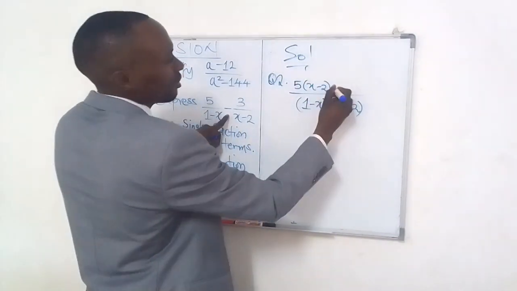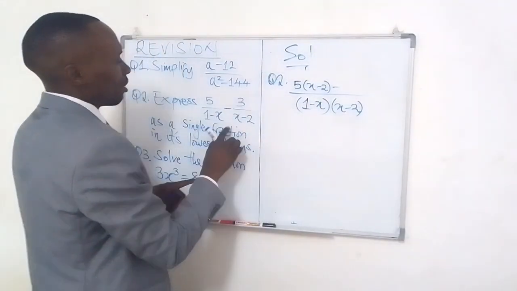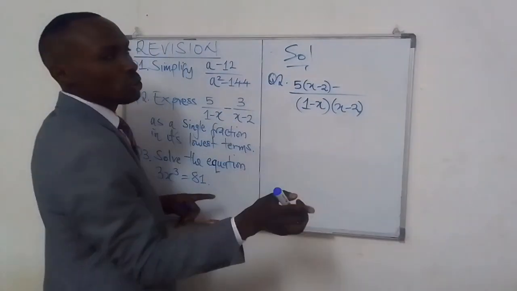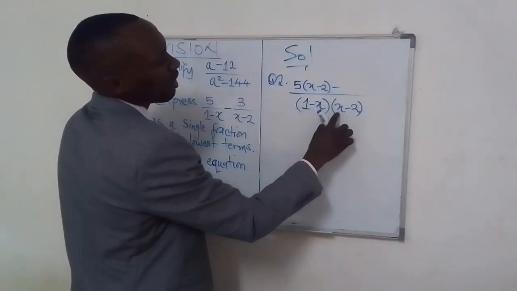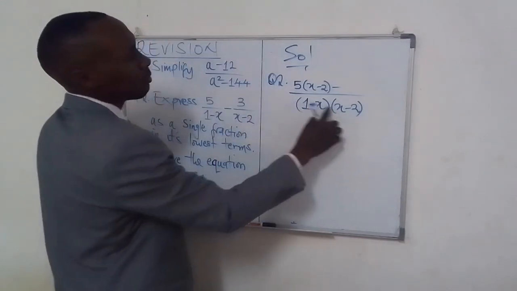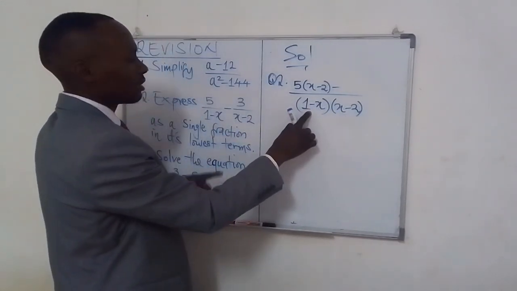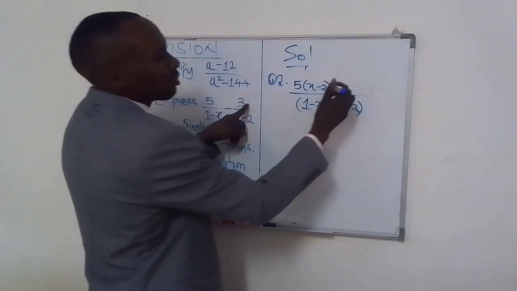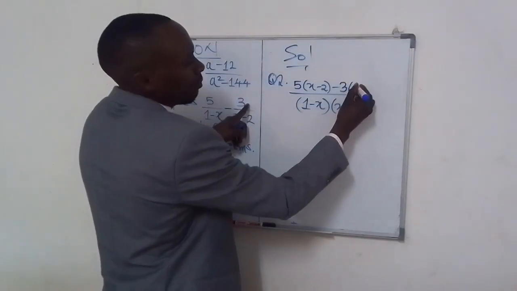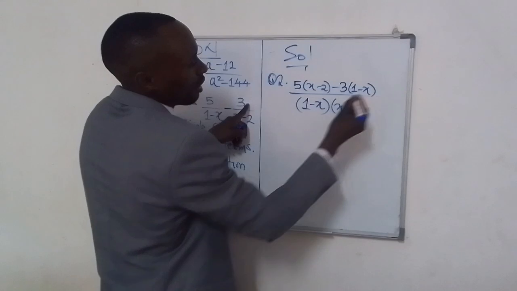Then the operation is minus. So then x minus 2 into 1 minus x, x minus 2. So this x minus 2 simplifies with the x minus 2, leaving us with 1 minus x. So this 1 minus x will multiply with 3. So 3, open bracket, 1 minus x.